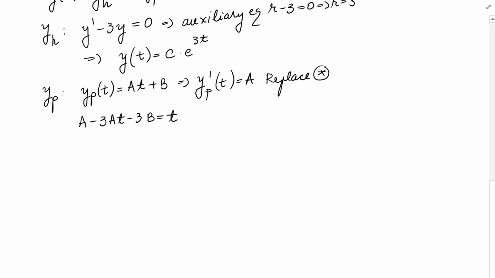So on the left hand side we have a linear function, and on the right hand side we have a linear function. So negative 3a equals 1.